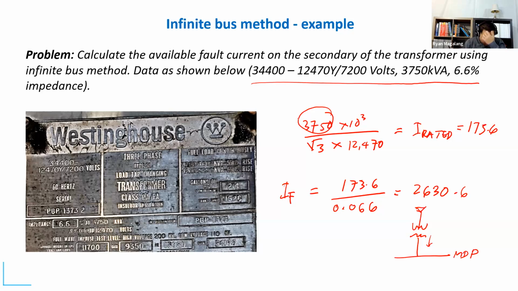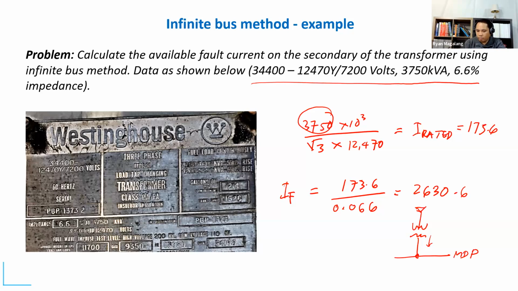And the other one is, without considering the utility impedance, you have increased your calculated short circuit current at that point. So the recommendation again is to, as much as possible, get as many relevant data as you can, especially your utility impedance.